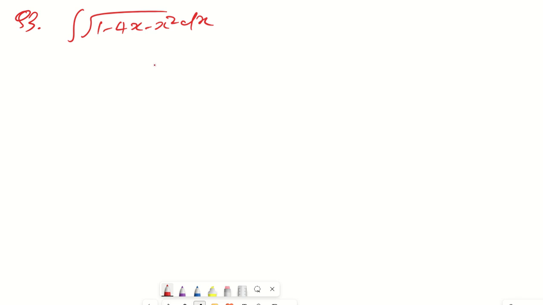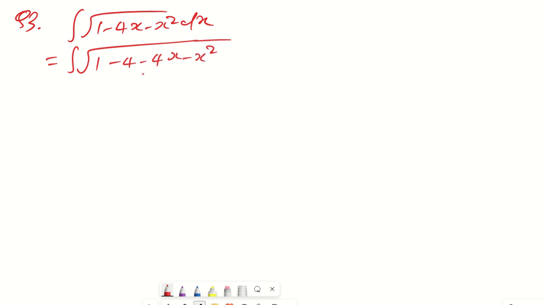Okay, so can we do this like this, integration of square root of, what will happen if we try to do this like x square plus 2ab plus b square? So we need minus 4 extra, right? So I will have to have 1 minus 4 minus 4x minus x square, right?